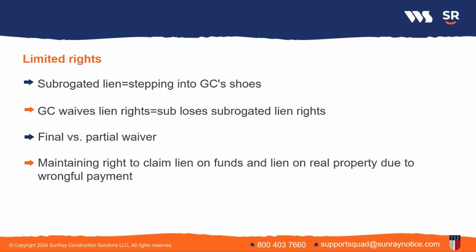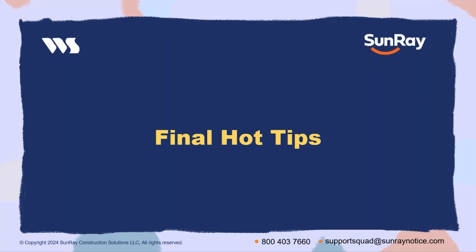So in other words, if the subcontractor has asserted its lien on real property and the owner makes payments over that lien to the contractor, it would still have the rights to pursue that lien. But that'll be it on that.